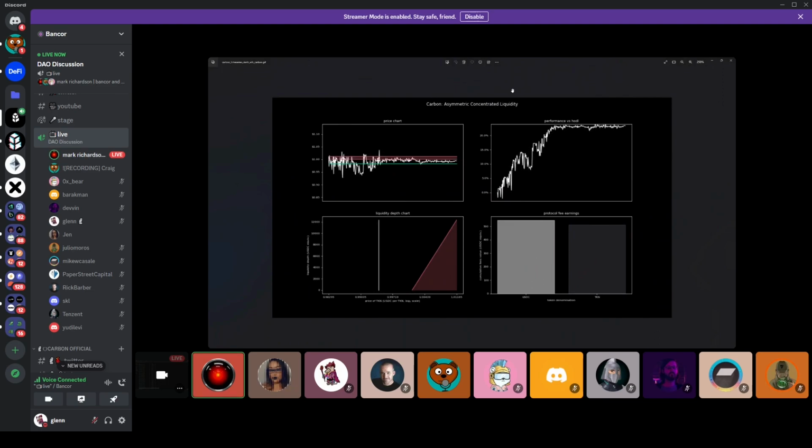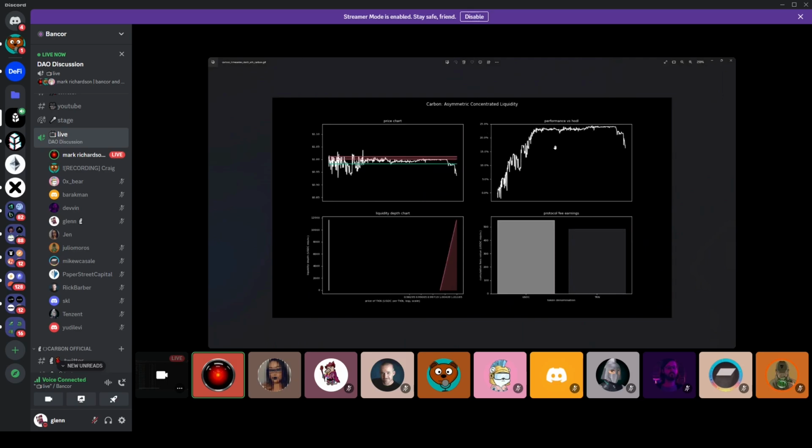What's important here is that on the asymmetric concentrated liquidity for Carbon, it knows that these fee earnings cannot be included in the performance metric for this liquidity provider. So it is important to note that, despite the protocol earning fees alongside the liquidity provider, these fees are omitted from the performance tracking.